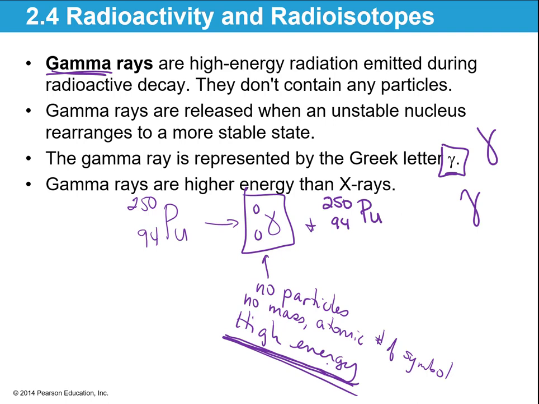The smaller the particle, the higher the energy. And so this, because there's no particle released, has the highest of all. In fact, gamma really mimics what an X-ray is. And that's an applicable thing because you've handled patients that have had X-rays, taking them to and from.